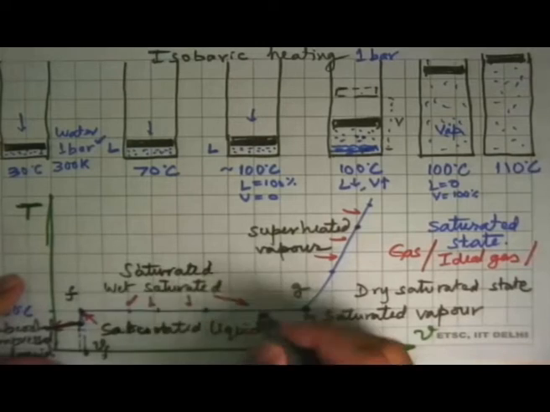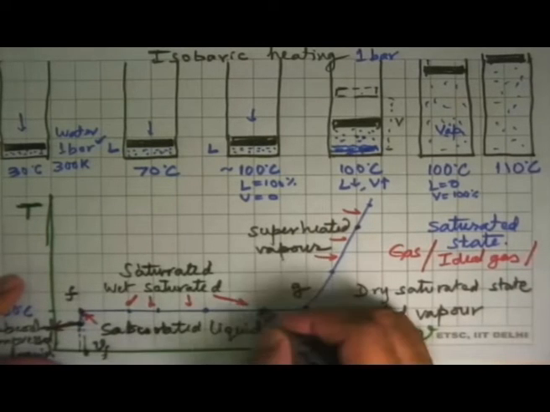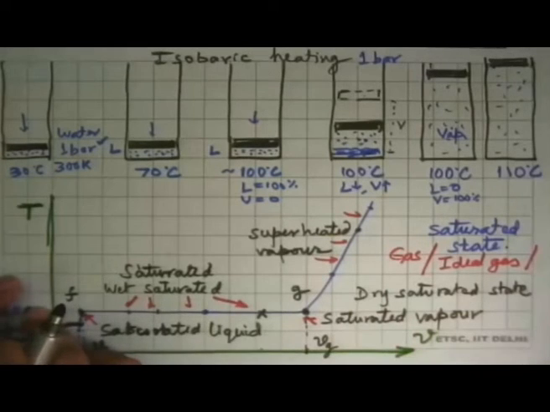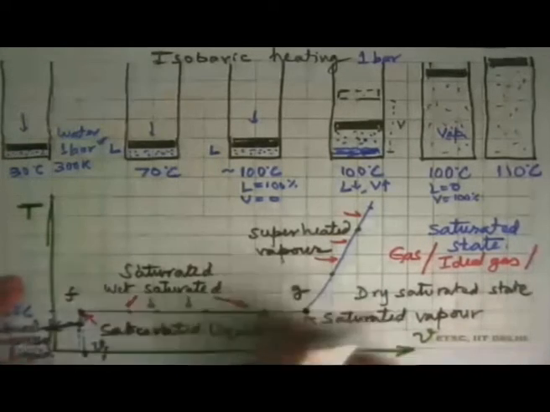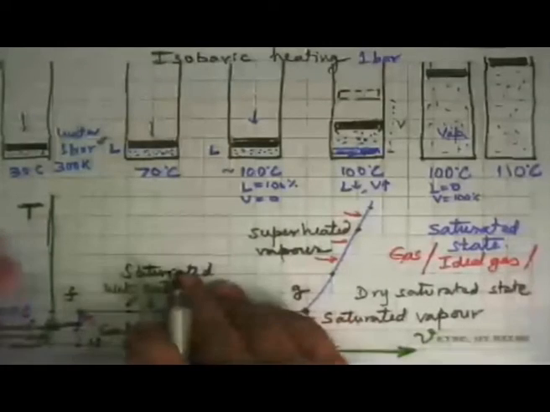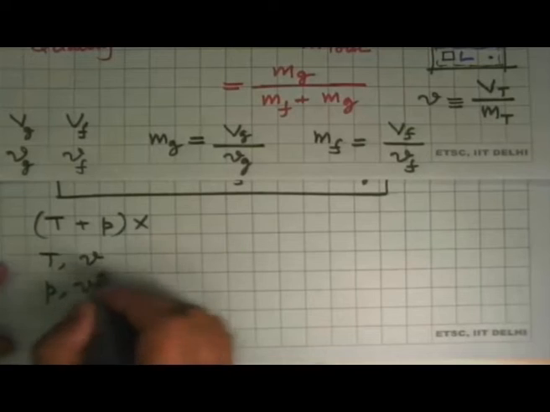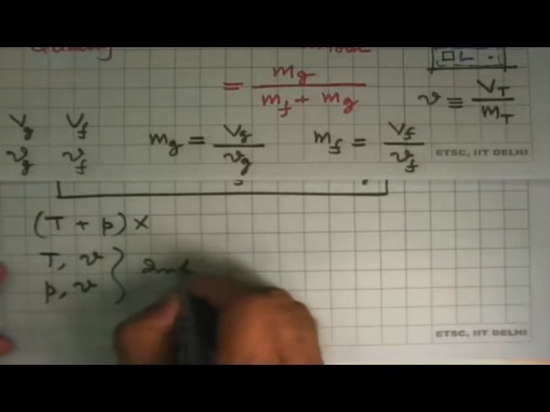If that particular point happens to be here, you know this is the specific volume, this is the temperature, and you can calculate X from here, and we will see how to calculate all the other properties. Similarly, P and v are independent properties.